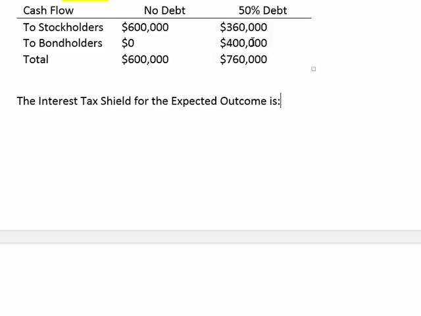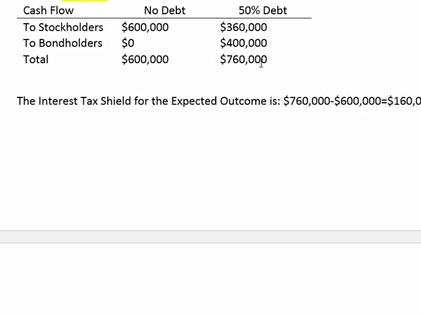So the cash flow from the interest tax shield is the difference between the two. We generated, for all of our investors, not just stockholders but stockholders and bondholders, $160,000 more in cash flow because we didn't pay taxes on that $400,000 that we sent out to the bondholders. So for that single year, the tax shield was worth $160,000.